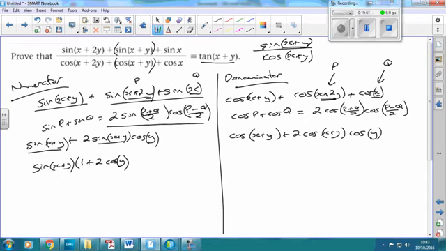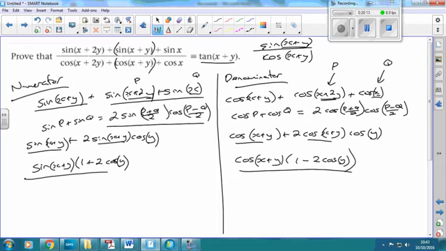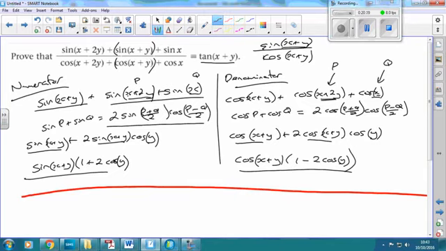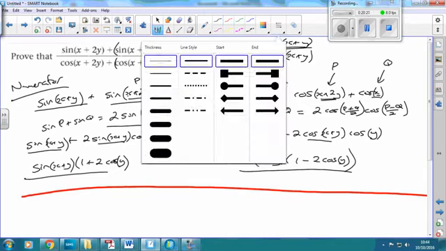And again, we can see that we've got this thing in both of them. So again, let's factorise that out. So we've got cos of x plus y, bracket 1 plus 2 cos y. So this is the numerator, this is the denominator. Once we've done both of those, let's do the numerator over the denominator.